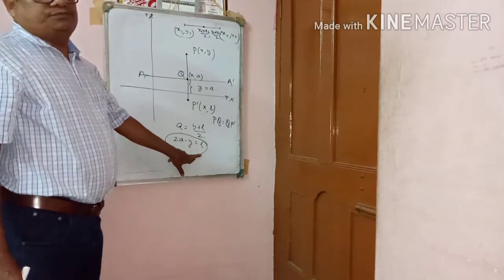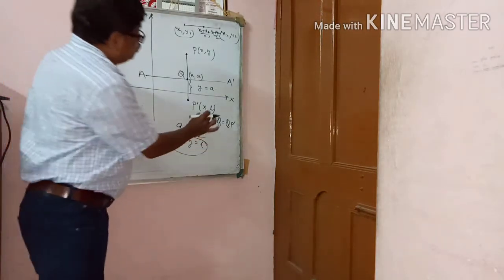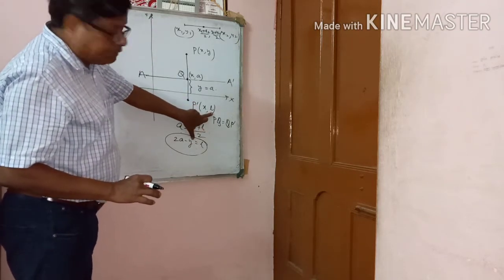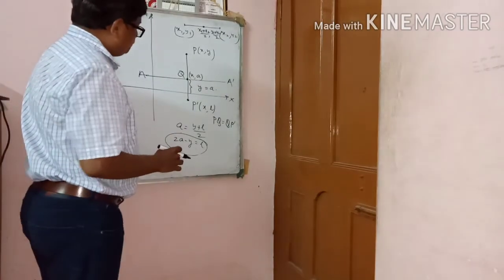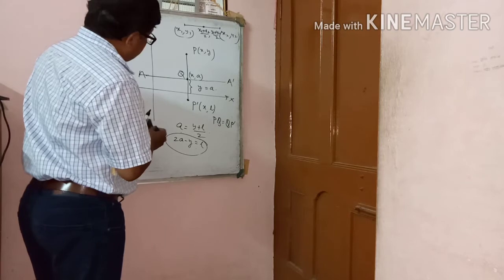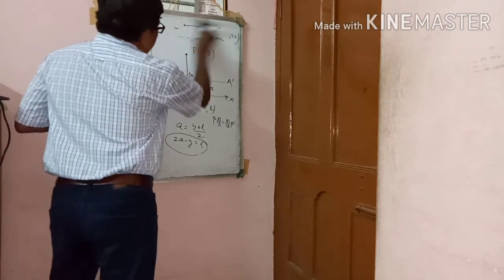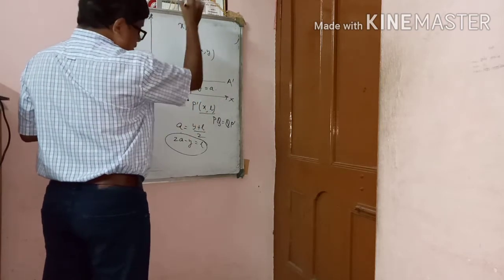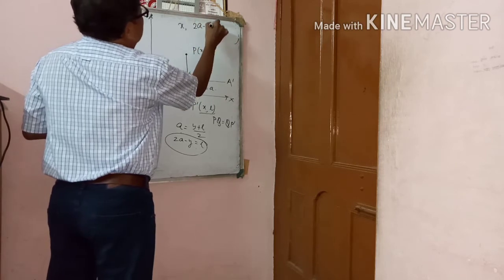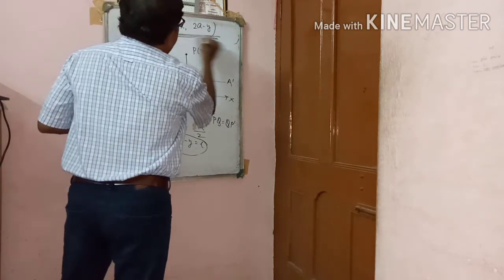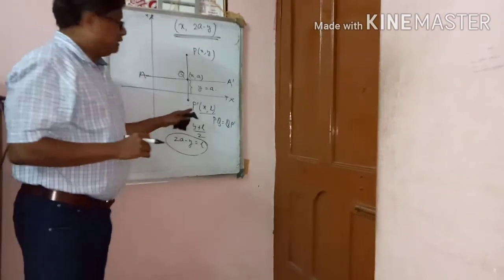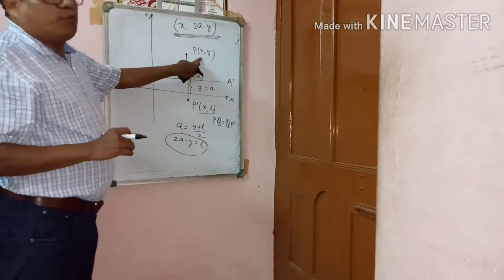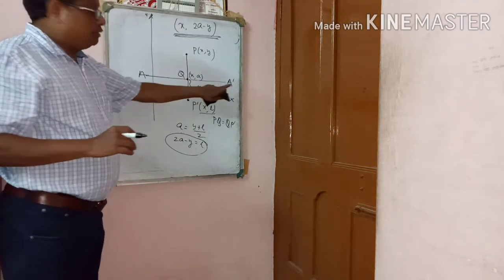So you can write the coordinate as (x, 2a minus y). This is the new coordinate of P dash, the image of the point P in the line parallel to the x-axis.